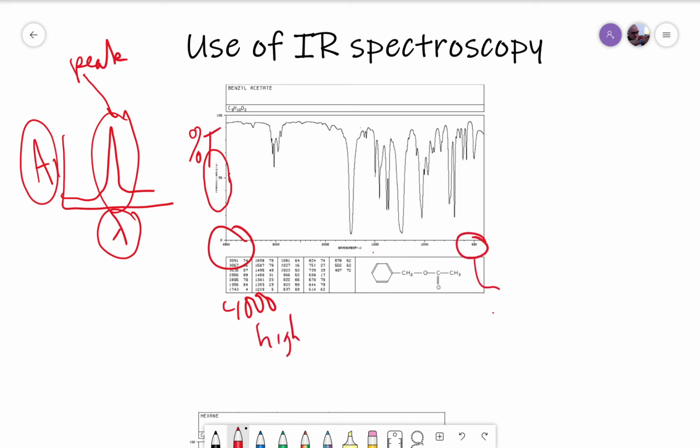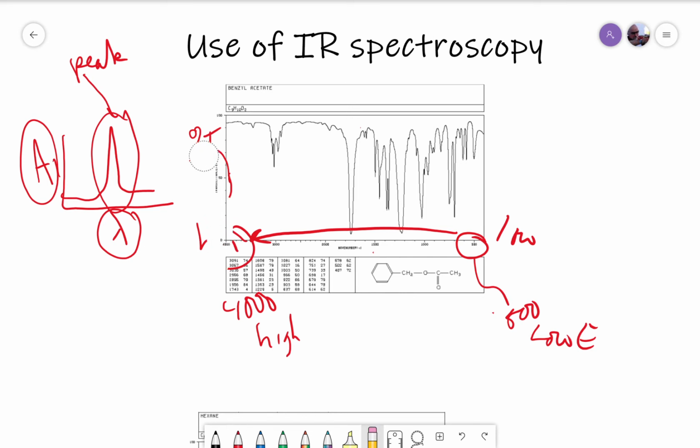Little numbers, like 500, is low energy. This would make a lot more sense to me, except it's still numbered from low, now right to left, to high. So you kind of got to get used to the format of these IR spectra.